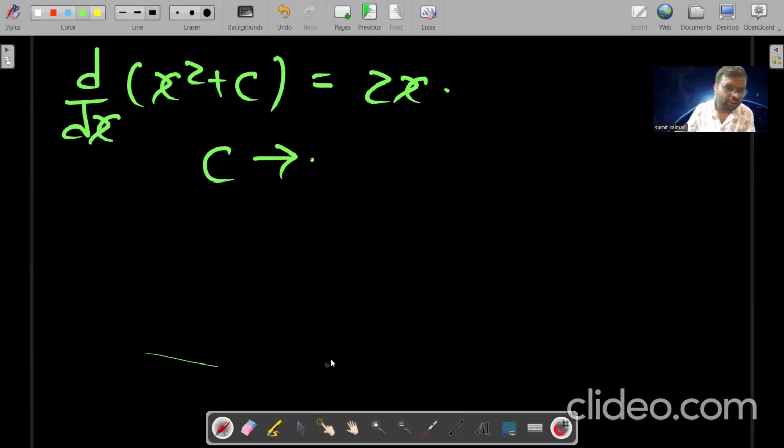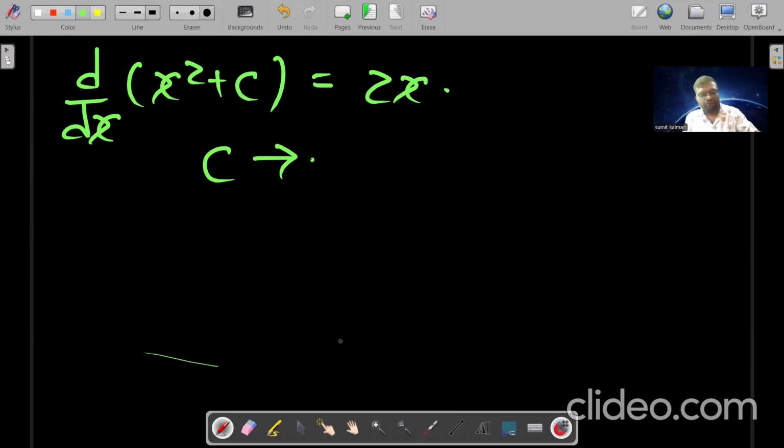So students, that's why constant c is included in indefinite integrals, because all the functions having the same derivative differ by a constant. That's why we include constant c in indefinite integral.